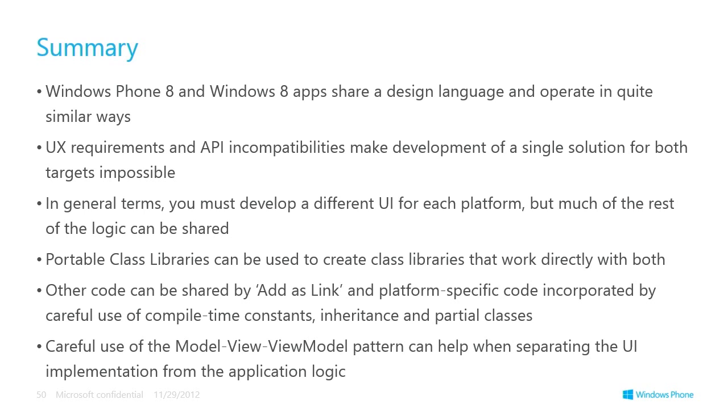But much of the rest of the logic can be shared, and portable class libraries are your friend here in developing as much as possible from exactly the same code and ending up with one DLL that you can reference from both platforms. Other code can be shared by add as link, and you can handle the slight differences between the code and requirements of both platforms using things such as compile time constants, inheritance, and partial classes.